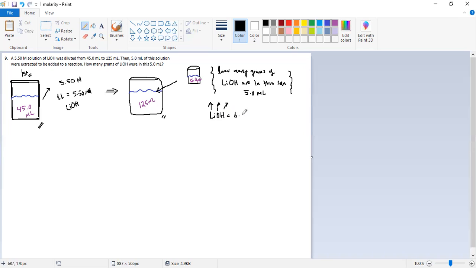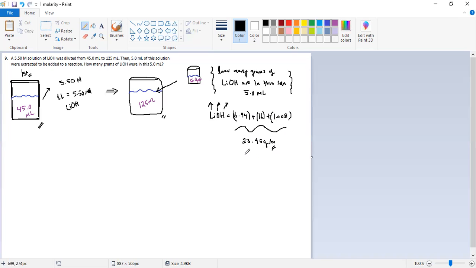So you do 6.94, add that to 16 for oxygen, and then add the atomic mass of hydrogen, and you would essentially get grams per mole. If you do this entire computation, you would get 23.95 grams per mole. And so this unit is expressed in terms of grams per mole.